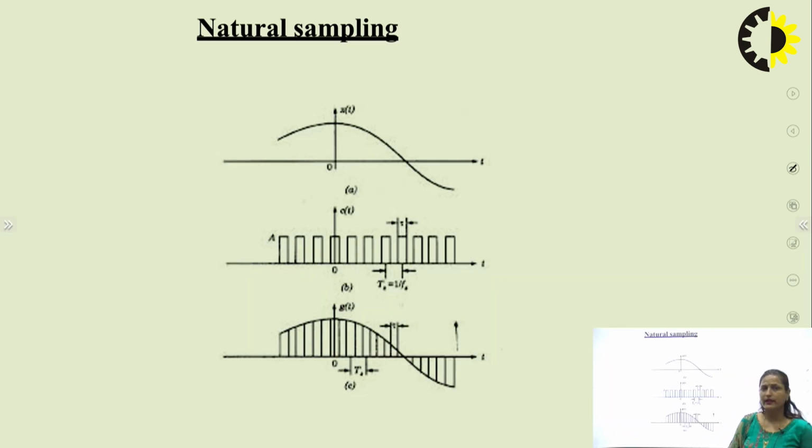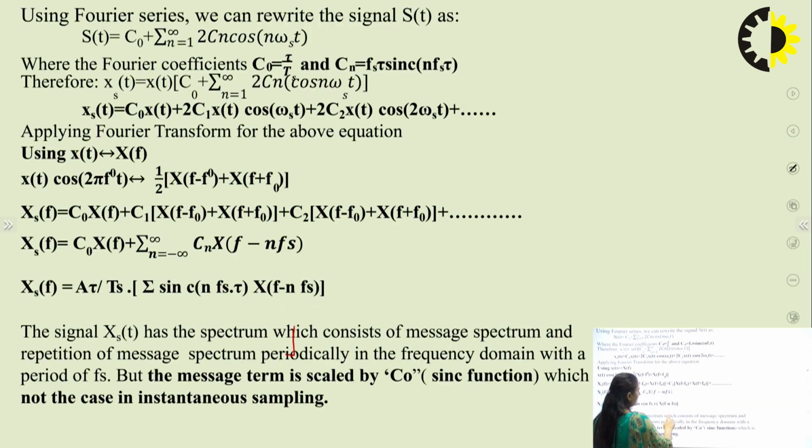So this is the clear diagram of natural sampling: the input signal x(t), the rectangular pulse train with pulse width tau, and the sampling interval Ts. For a particular time duration your switch is on, this is your signal, then 0, then signal, like this.